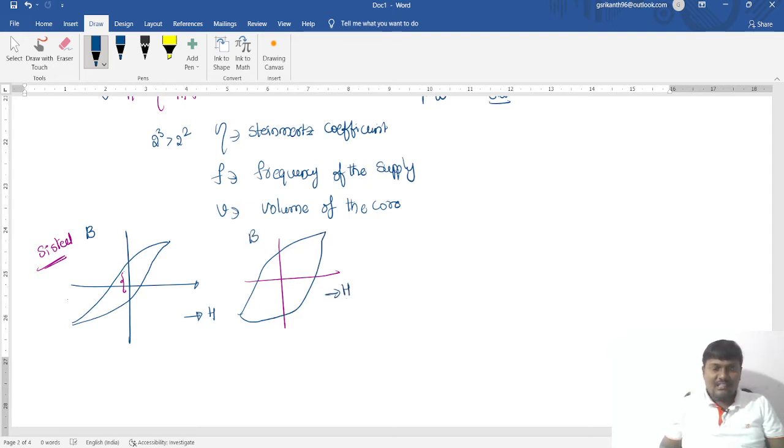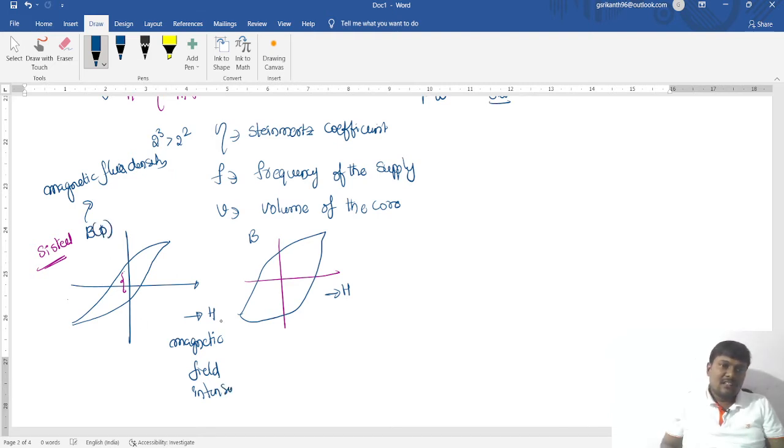In the BH curve, B is called the magnetic flux density and H is called the magnetic field intensity. B is flux and H is the magnetizing component of current. If this area is more, then the hysteresis loss is also more.